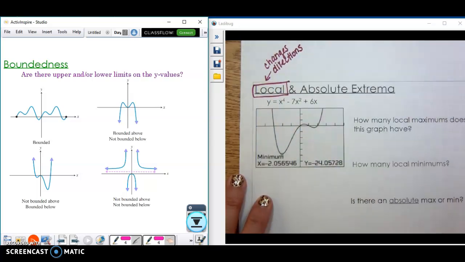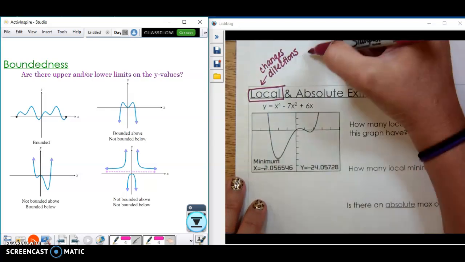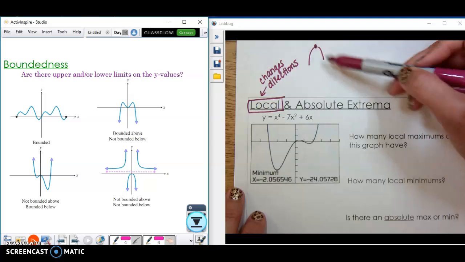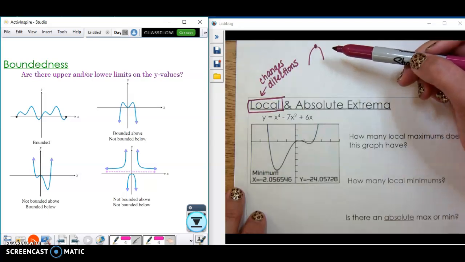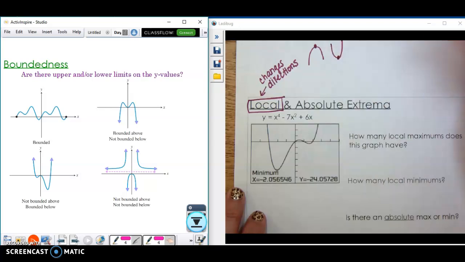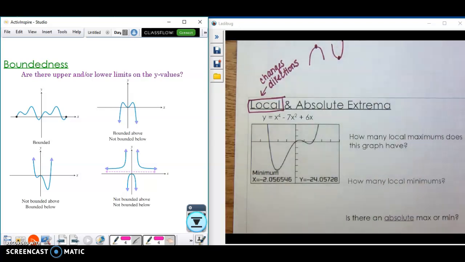So what does that mean? If you have a maximum, so if this is a maximum right here, this goes from increasing to decreasing, so it changes directions. Whereas if it was a minimum, it changes from decreasing to increasing, so that's a minimum. So it doesn't matter where it is, as long as it changes directions, that's going to be called a local extrema.